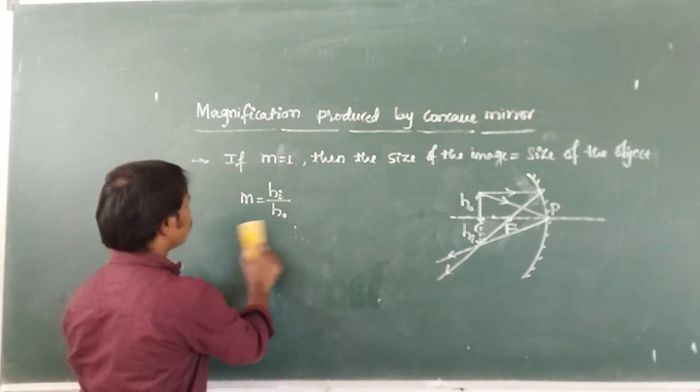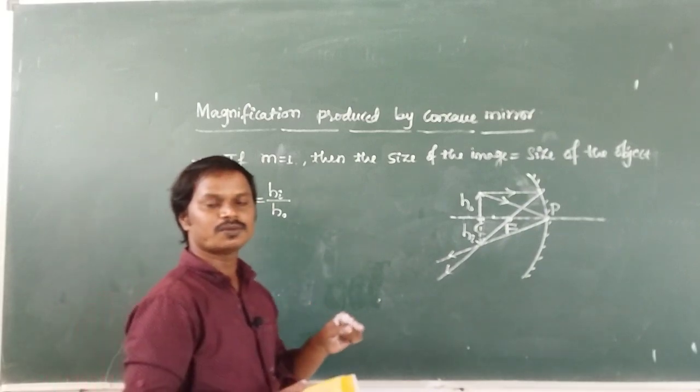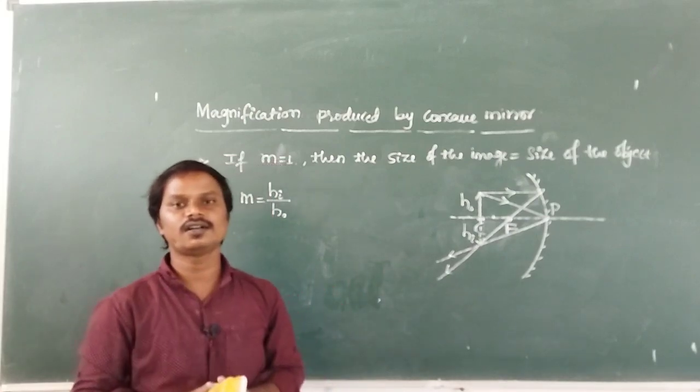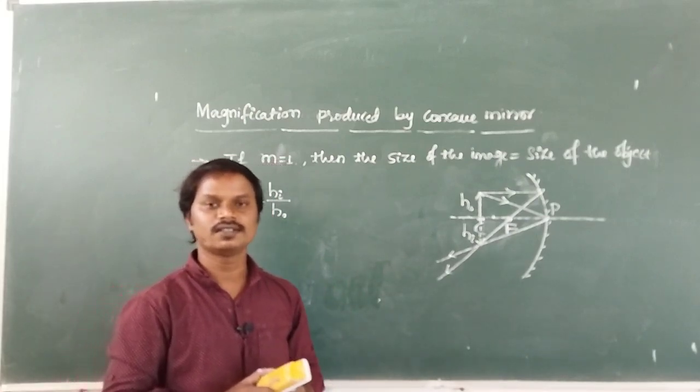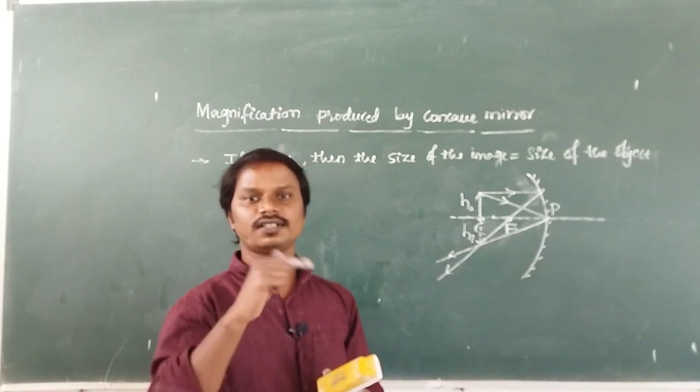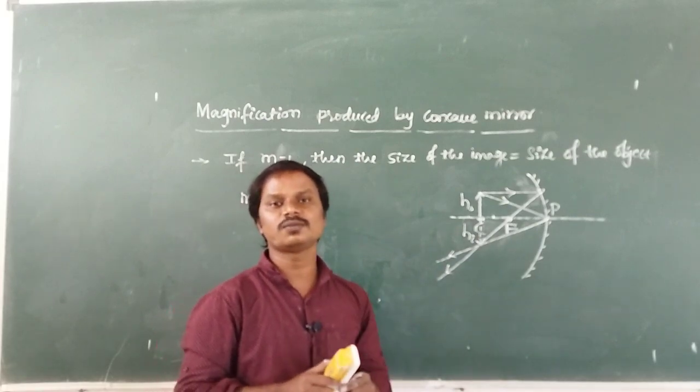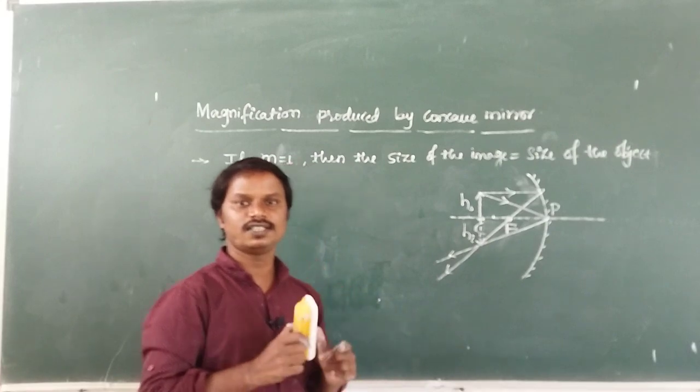Next, m greater than 1, m less than 1 and m equal to 1 tell about the size of the image. If m is greater than 0 or m is less than 0, that tells about the nature of the image.